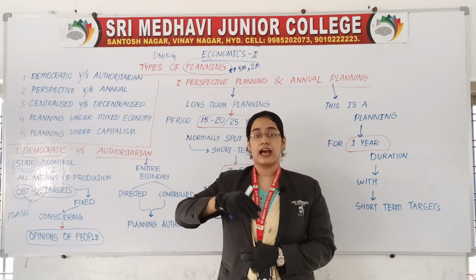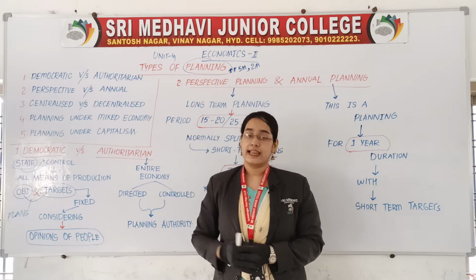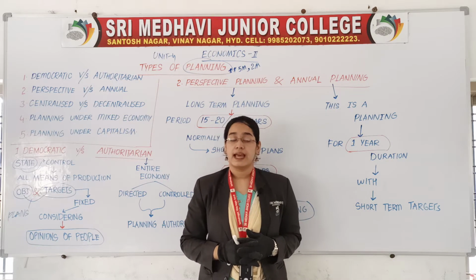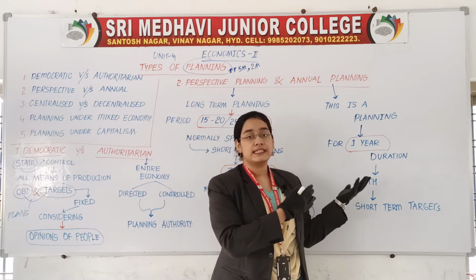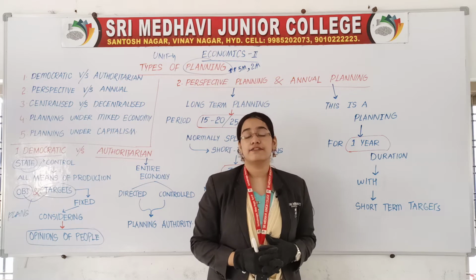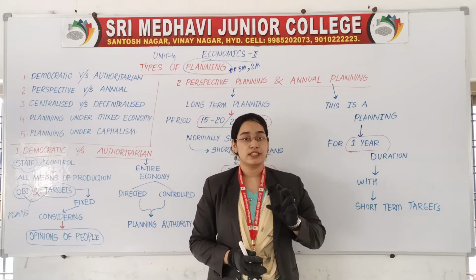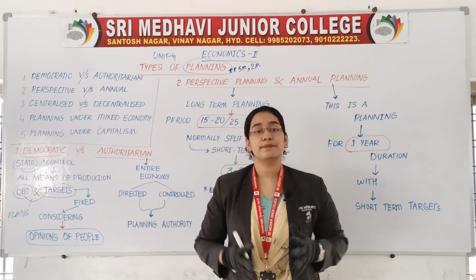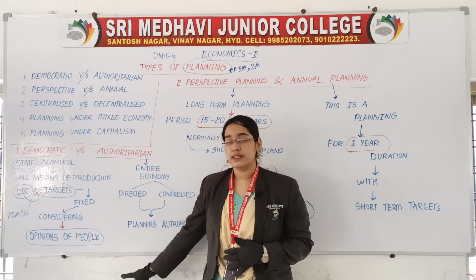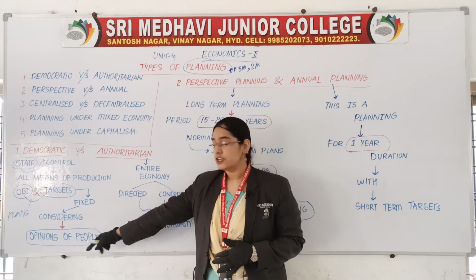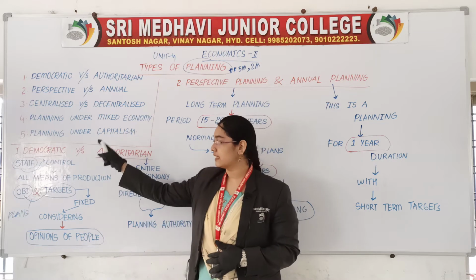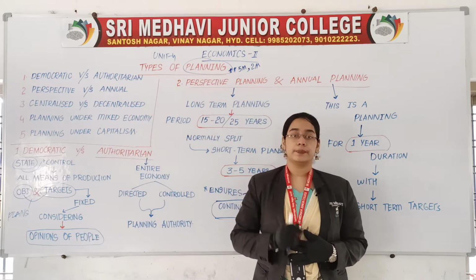Finally, after all the elections, the final conclusion will be drawn by the government and it will be said that many persons have given vote. Out of 100, nearly 95 persons have given vote to Narendra Modi. So Narendra Modi will be elected as a Prime Minister. In this manner, the authority is given by considering the opinions of people. This is nothing but a democratic planning.